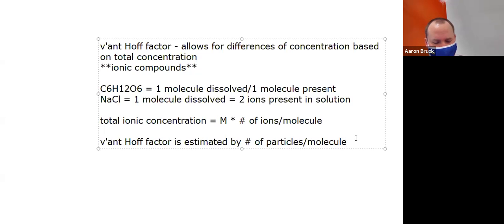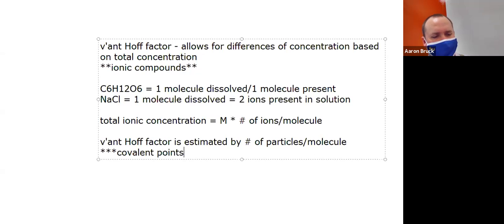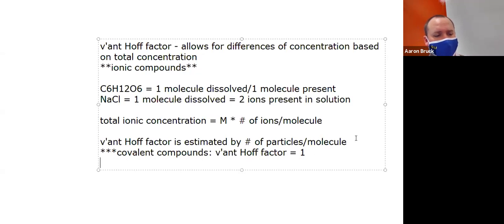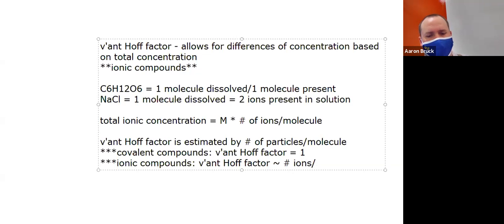So what this means for covalent compounds, my Van 't Hoff factor is equal to 1. For ionic compounds, my Van 't Hoff factor is approximately the number of ions per molecule.